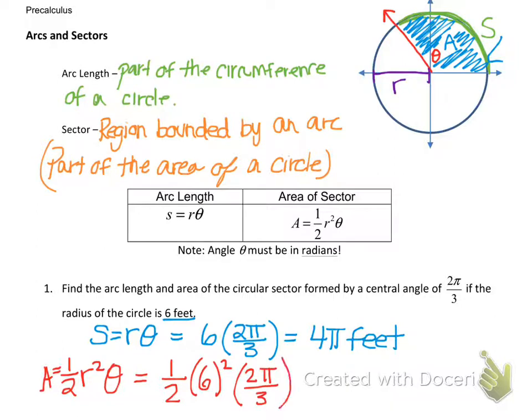You can help yourself by simplifying in your head by canceling out these 2 since everything is being multiplied. So you would have 36 over 3, which gives you 12 pi feet squared. So just note that your pi's aren't canceling out when doing this, so it's part of your answer as well.